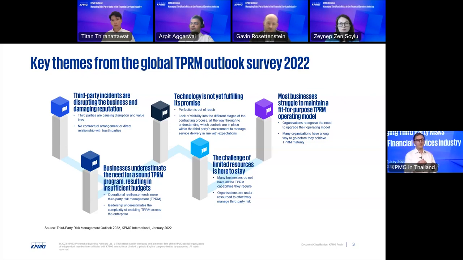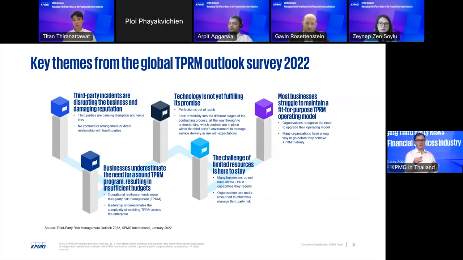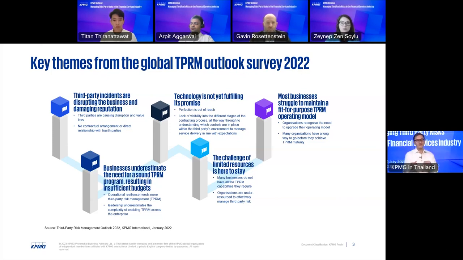It's not just more third parties, it's also probably a wider range of risk domains that are being looked at. So in that context, if we need to do more with the same resources, the imperative evolves that we need to find ways to work smarter rather than working harder and just doing more. So thinking about risk-based approaches is one of the considerations there.